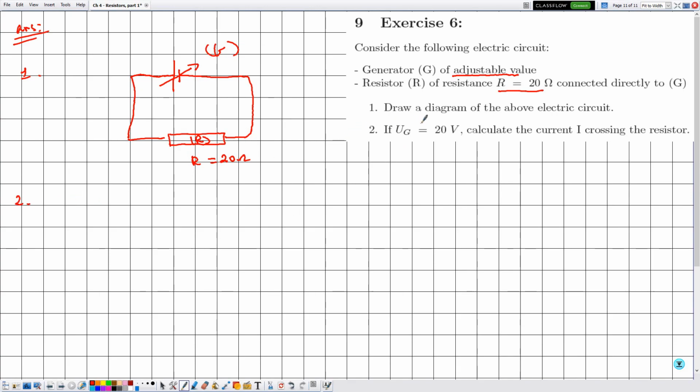They are telling me number 2, if UG is equal to 20 volts. I repeat that always the trick in solving such type of exercises is to write the given on the electric circuit itself. So UG is equal to 20 volts. They are telling me to calculate the current I crossing the resistor. And this can be done using Ohm's law. Then apply Ohm's law.